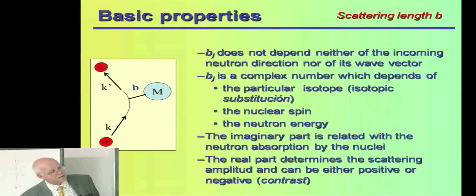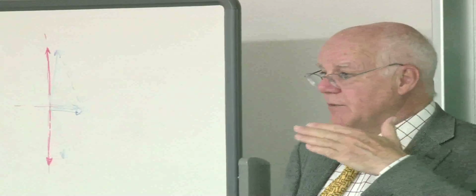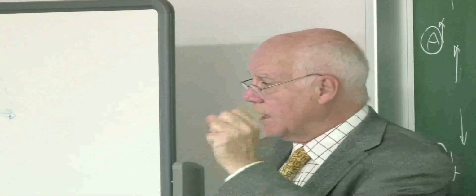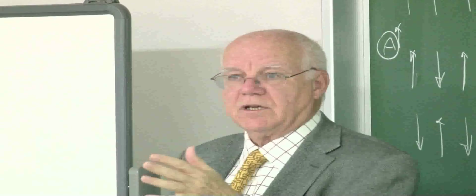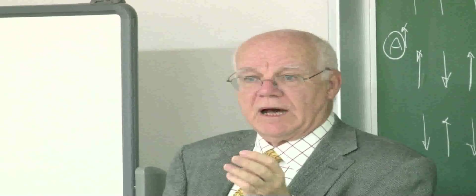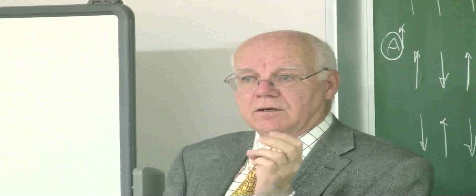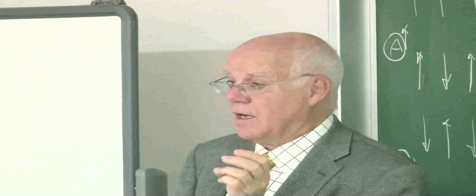The imaginary part is related to the neutron absorption by nuclei. So sometimes some nuclei capture the neutron. This is very much the case in some lanthanides and some actinides.